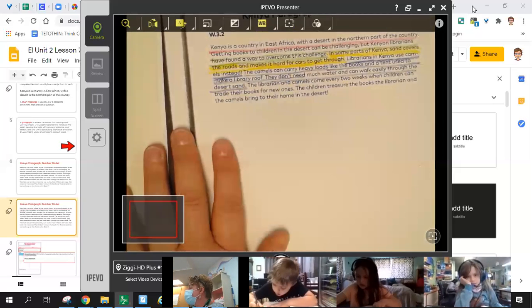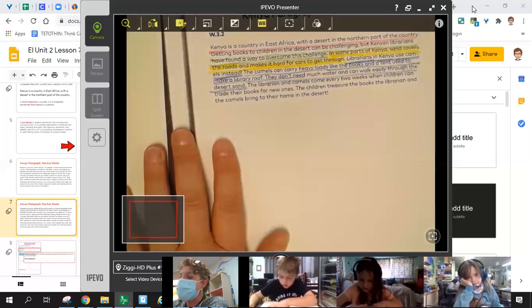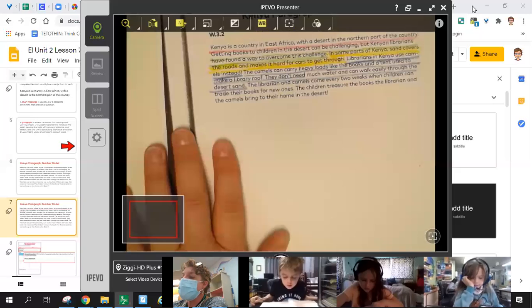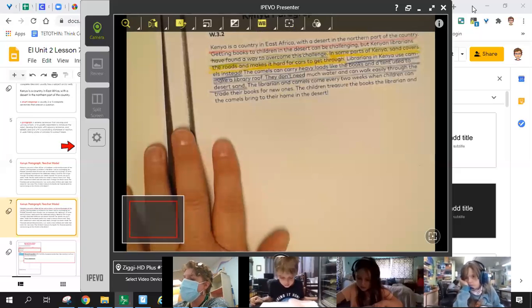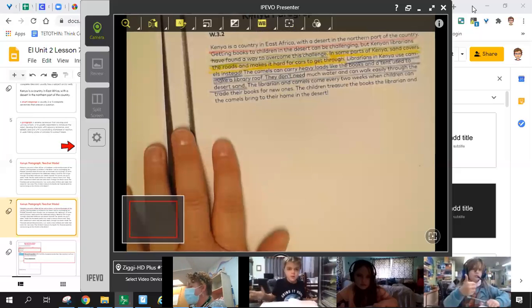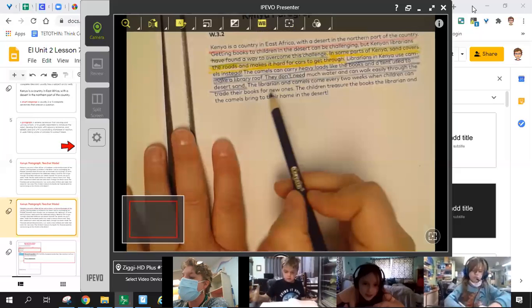Ta-da! More ideas, more details. Let's check the next sentence and see if it goes with it. The librarian and the camels come every 2 weeks when children can trade their books out for new ones. Is that another detail about how they overcome? Yep, it sure is.